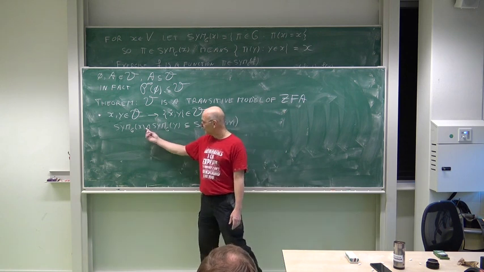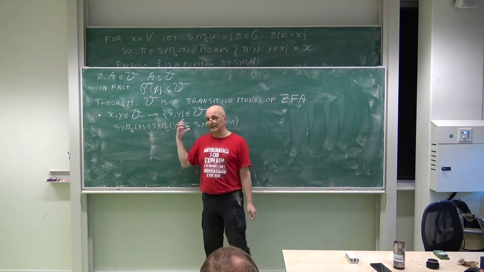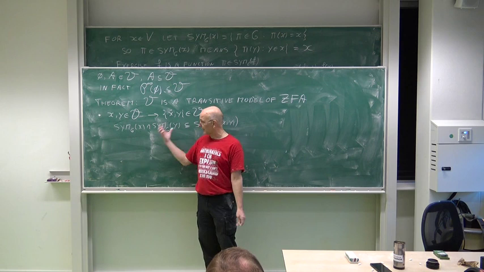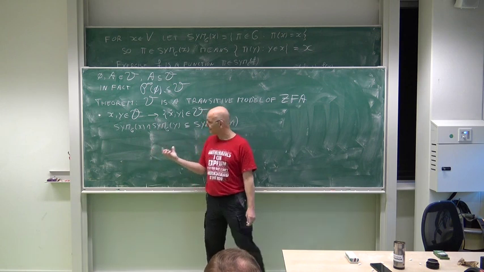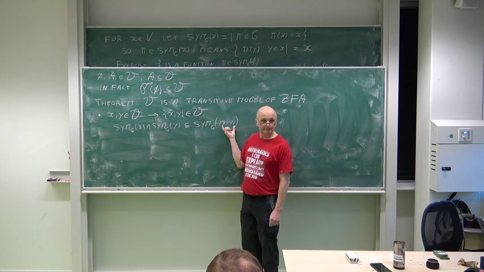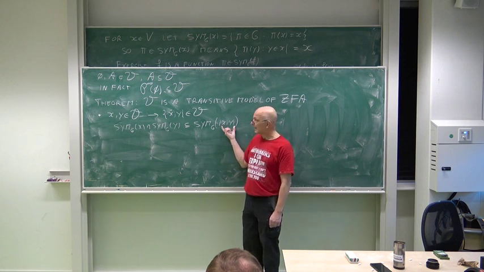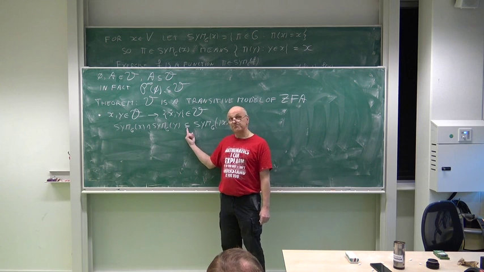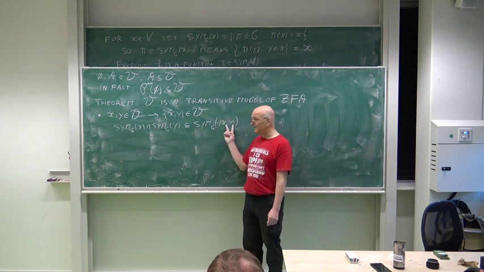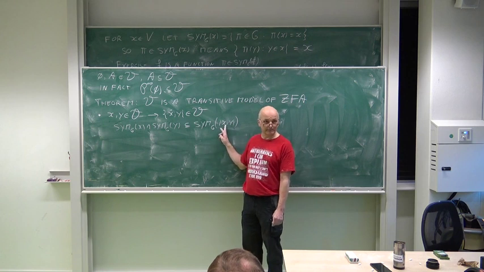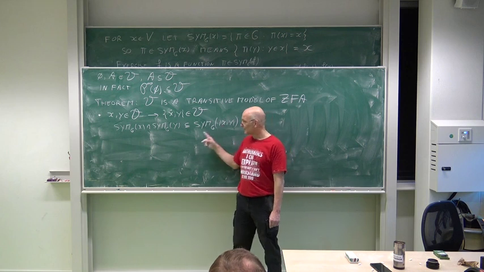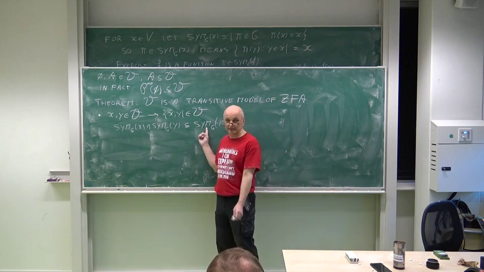And why do we have this inclusion? Well, if pi doesn't move x and if pi doesn't move y, then it doesn't do anything to this. By the way, this is possibly strict inclusion, because there might be permutations that flip x and y. So there might be more here, but we don't care.